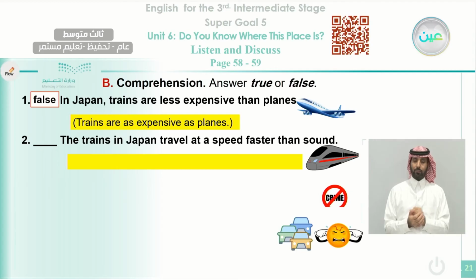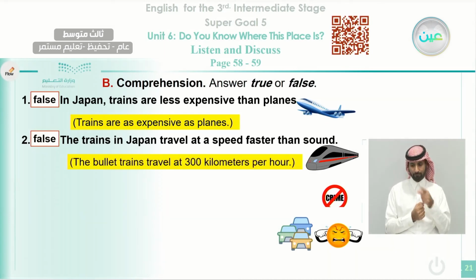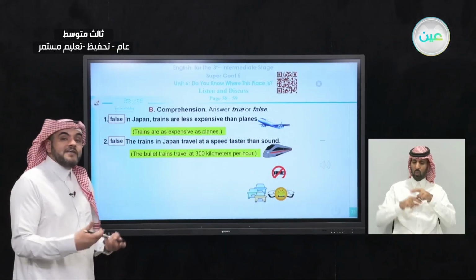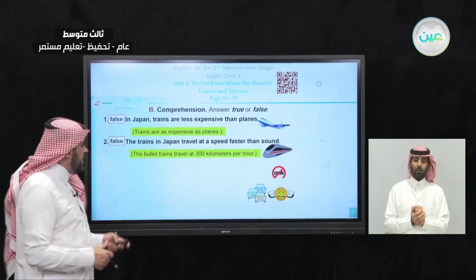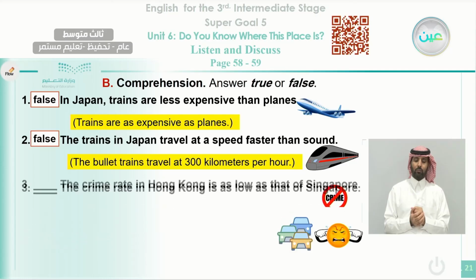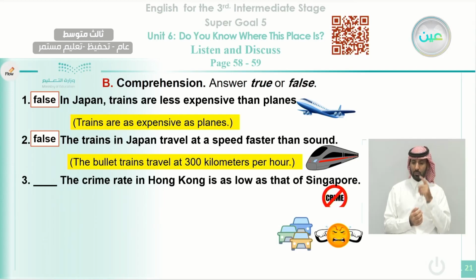The trains in Japan travel at a speed faster than sound. Does it speed faster than sound? That's false. The bullet trains travel 300 kilometers per hour, and you need to find out how fast sound is. It's more than 300 kilometers per hour. In number 3, the crime rate in Hong Kong is as low as that of Singapore.